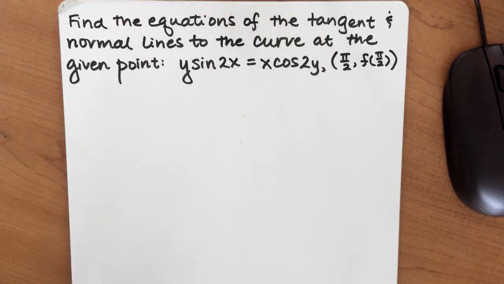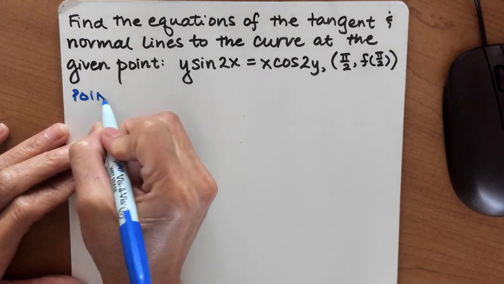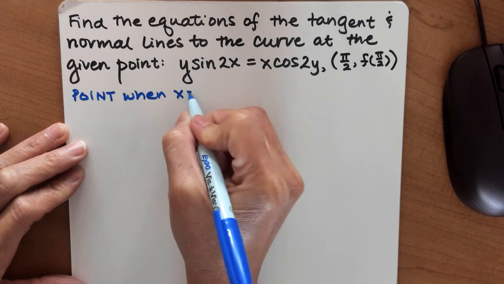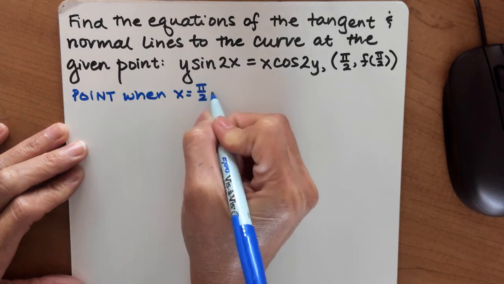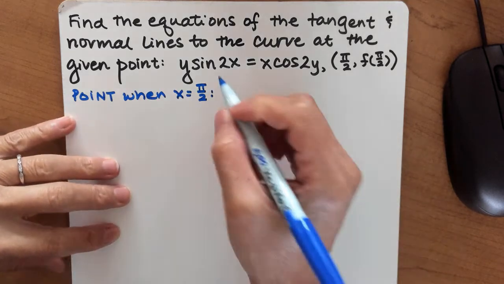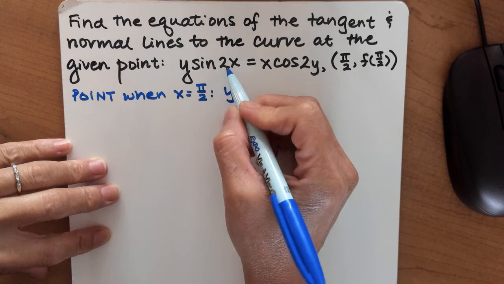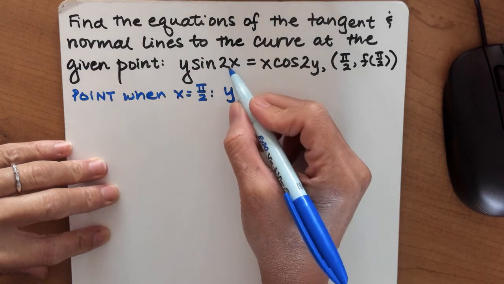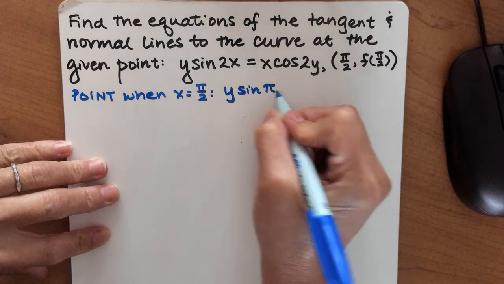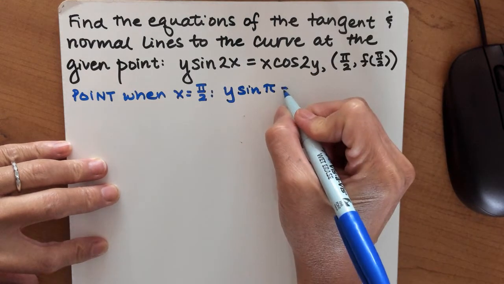I know the x-coordinate of the point is pi over 2. I'm going to plug that into the equation and solve for y. So y times the sine of 2 times pi over 2 is going to be the sine of pi. And the sine of pi is 0, so that's going to become 0.